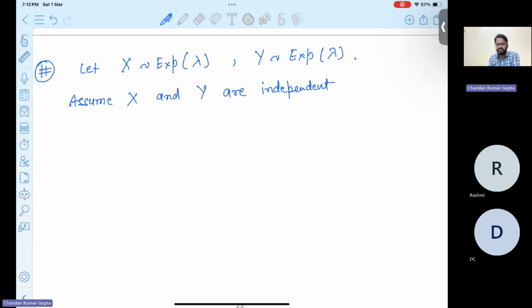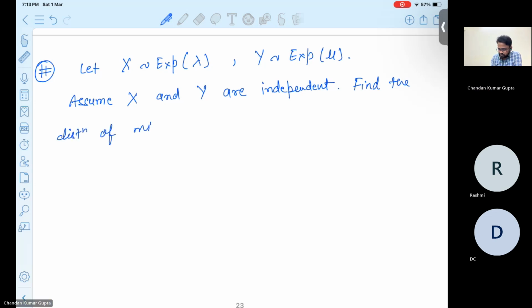Actually these are IID because they are independent in nature and have the same parameter. Sorry, it is actually mu, not lambda. So they are independent and have the same exponential distribution. Now we need to find the distribution of the minimum of X and Y.